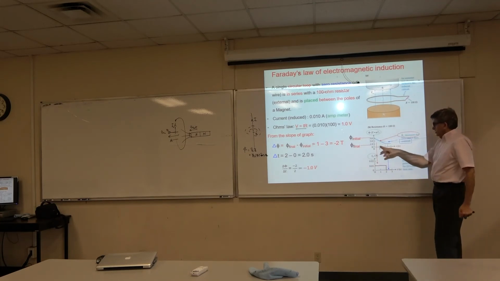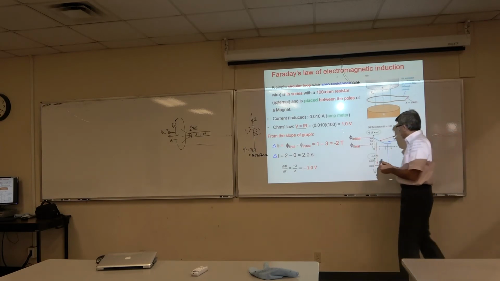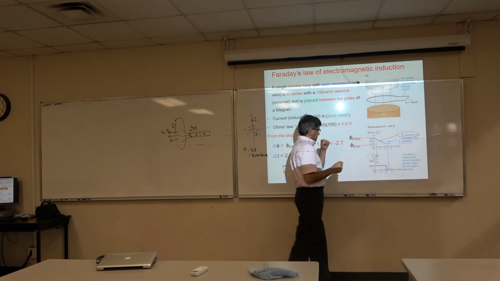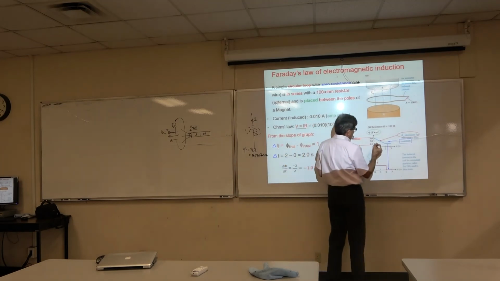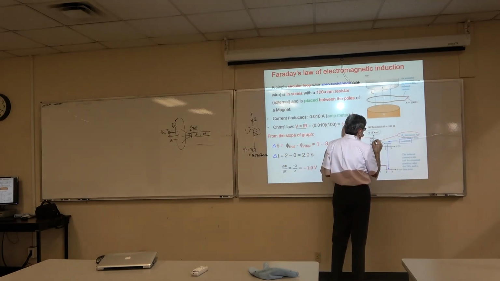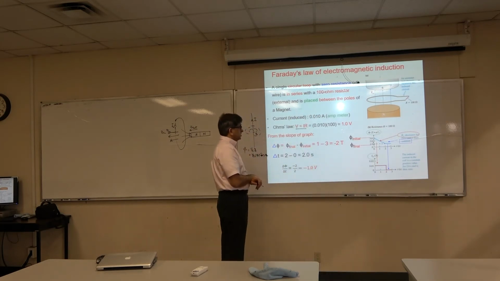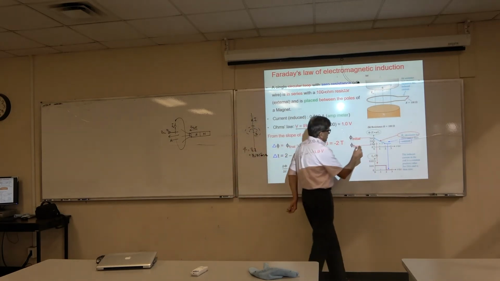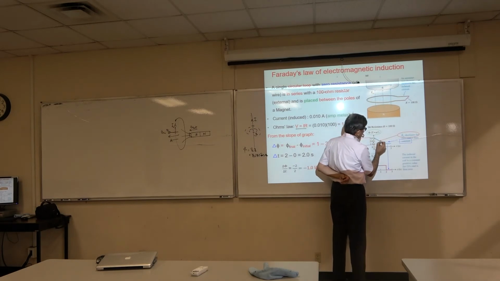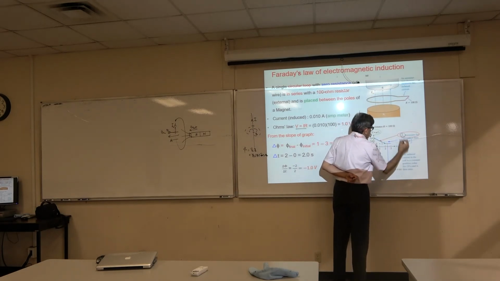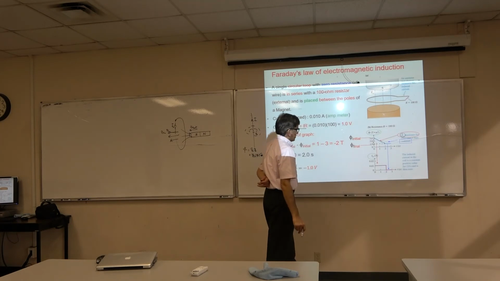So then if I draw the slope to this, basically this is the slope, which is telling me the decrease in the external magnetic field, alright? So this is the decrease in the external magnetic field.